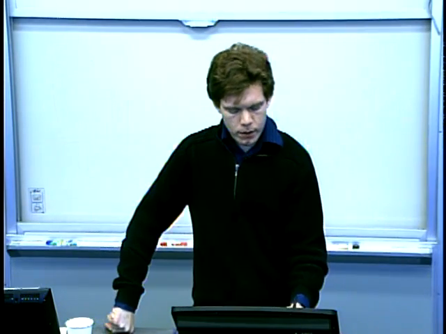Previous slide. Two slides ago. This one. Did a term disappear? The last term on the... There's a term here, but there isn't a term here. Is that what you mean? Oh yeah.